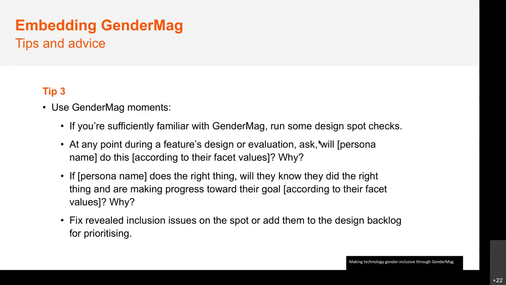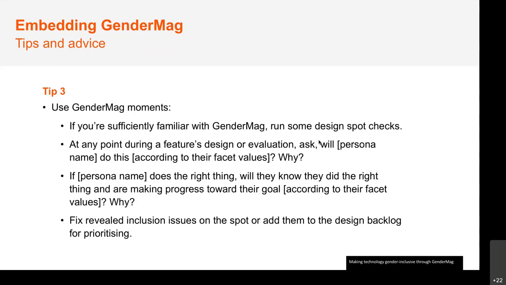Another tip is that you can use what we call GenderMag moments. If you've already carried out some evaluations using GenderMag, then you can run these on-the-spot checks. As you're designing or developing a solution, you can ask, will Abby do this?